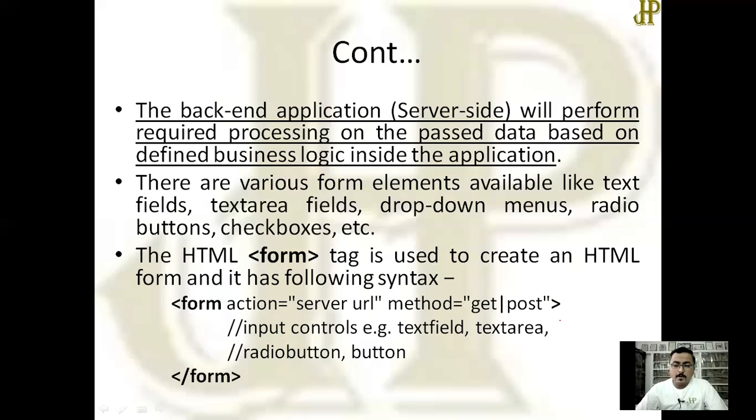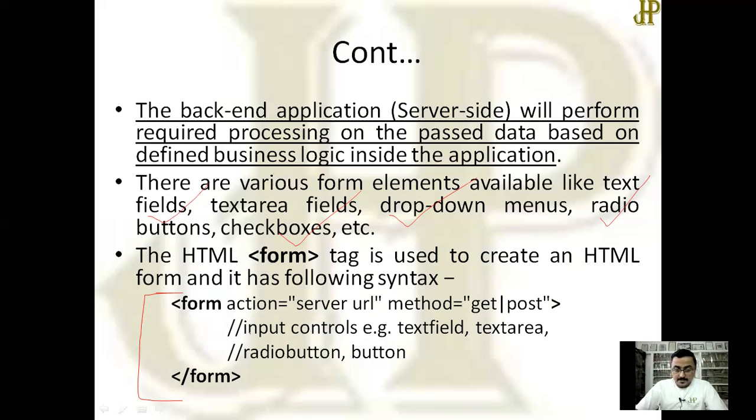We will talk about the page where you enter your information. So there are various form elements available, like I already talked about: text field, drop down menu list, radio buttons, check boxes, and menu. So the basic syntax of form looks like this, starting with the form tag and ending with the closing tag of form.